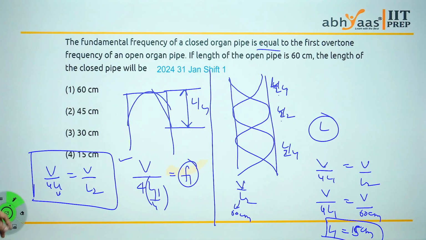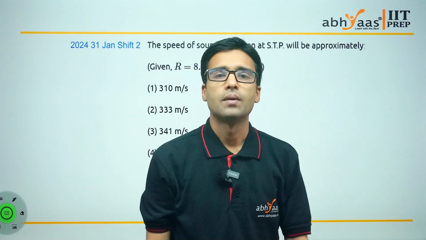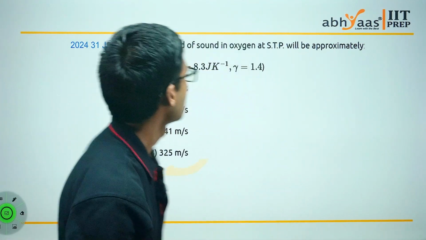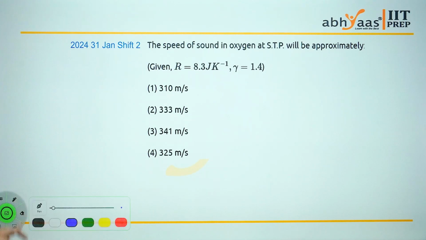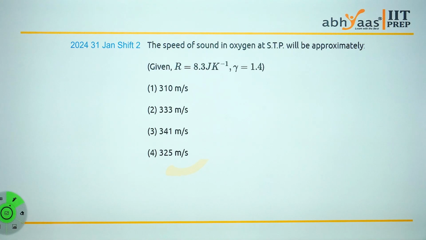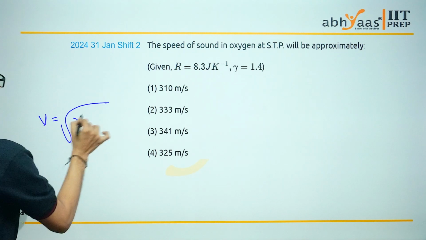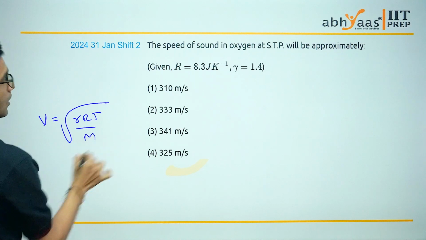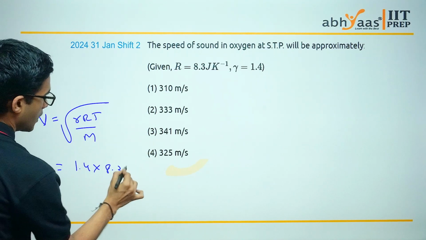So there is another question in the waves related to the January shift. Here what you need to calculate is the speed of sound in oxygen at STP. STP means standard temperature. So you know that V is equal to root of gamma RT by M. What is gamma? 1.4. What is R? 8.3.